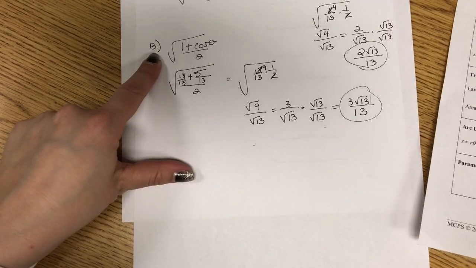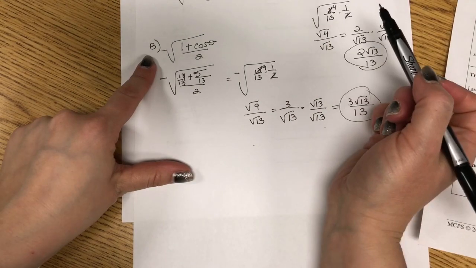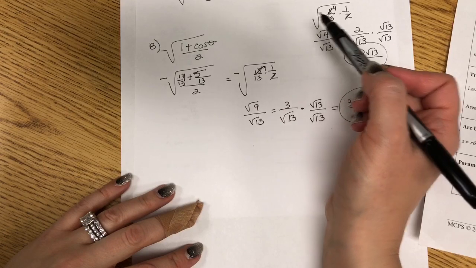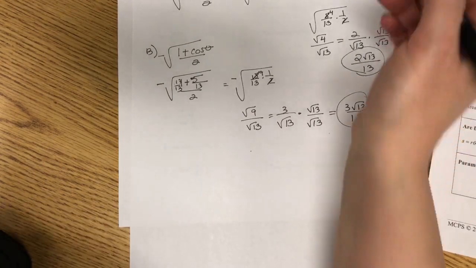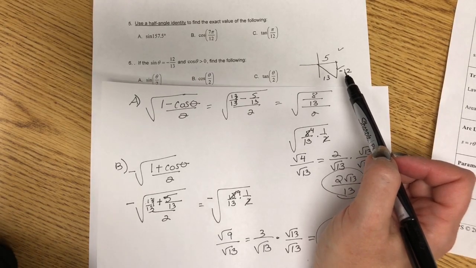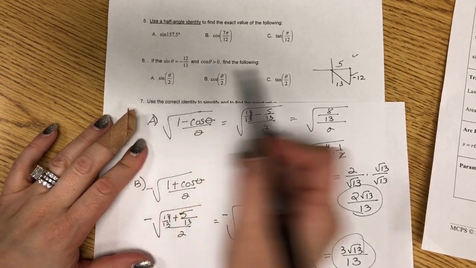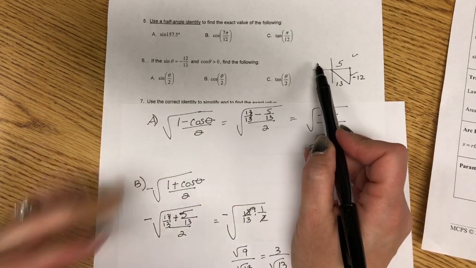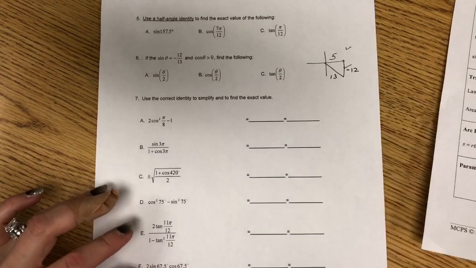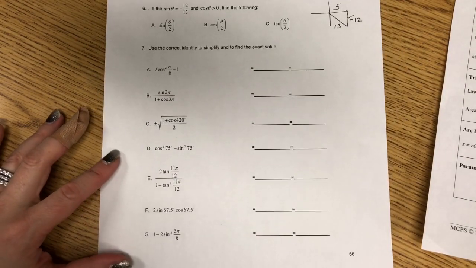So in the B, these all should have been negative because if we do theta divided by 2, it's going to move the quadrant into a cosine negative quadrant, and the sine was positive because when we divide by 2, it'll put us over here where the sine is positive. So that's why A is positive and B is negative. Okay, and for 7. Oh man, there's a lot of problems there.